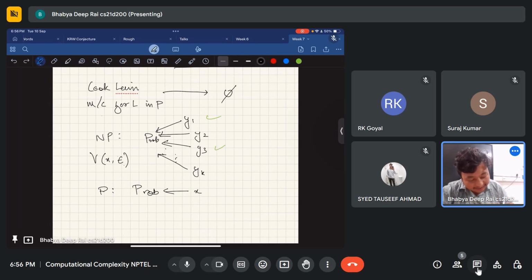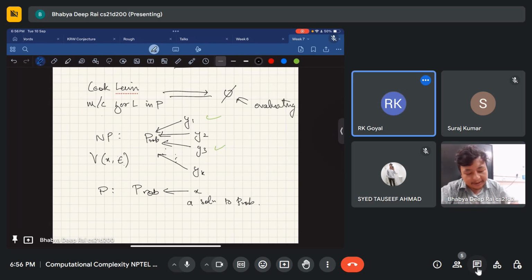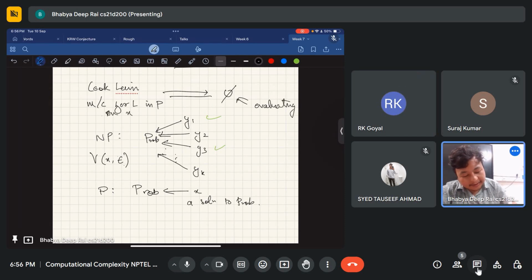Or you can say, is X a solution to a problem? How do you do that? In the equivalent Cook-Levin case, it is by evaluating the circuit on X, whether it gives a 1 or not.